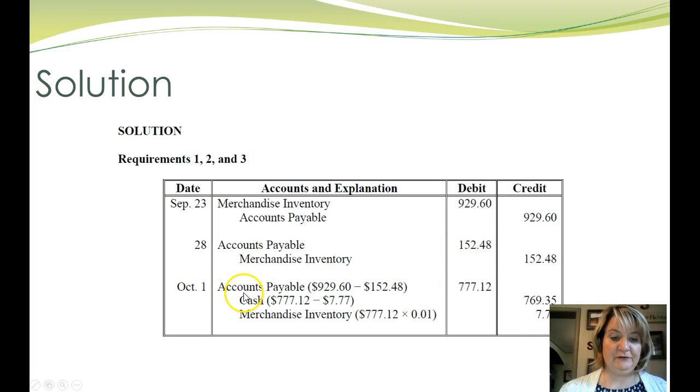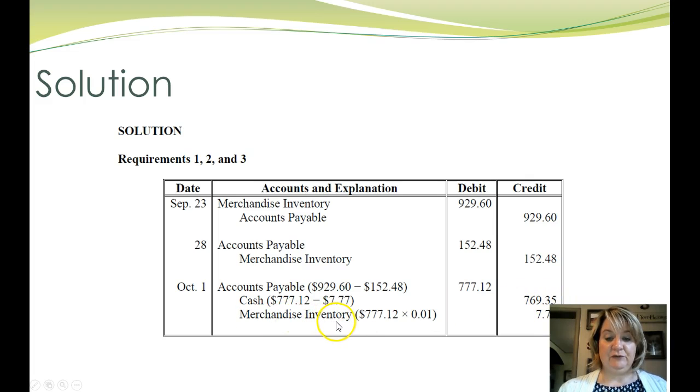On October 1st, you debit accounts payable, $929.60 minus the $152.48. So that's $777.12. And you credit cash. So you have the total $777.12 minus $7.77 equals $769.35.